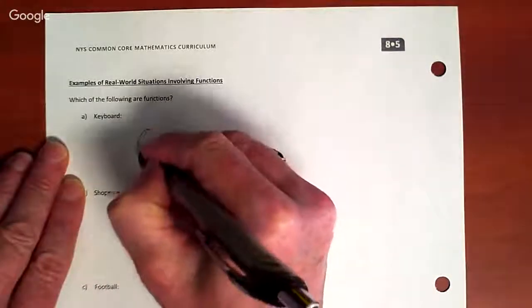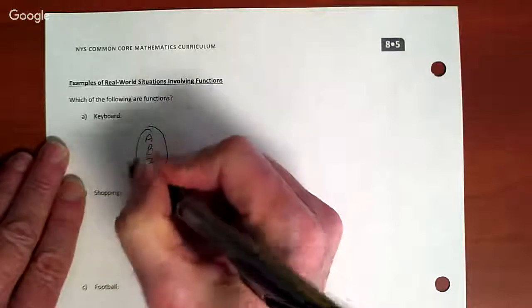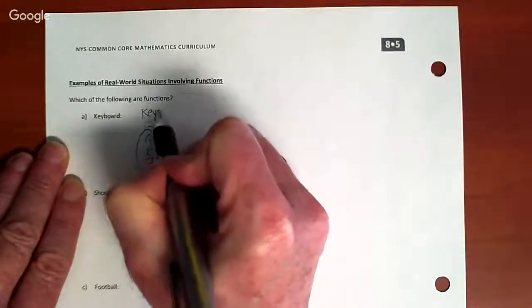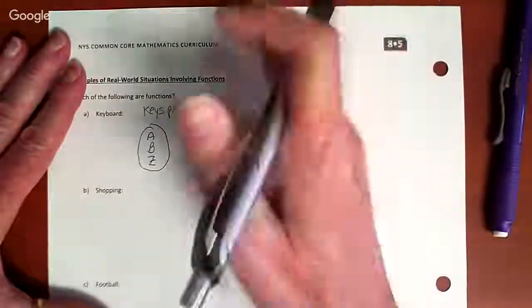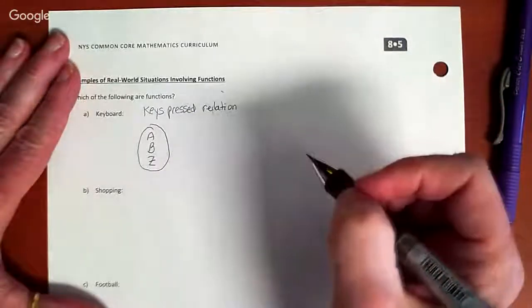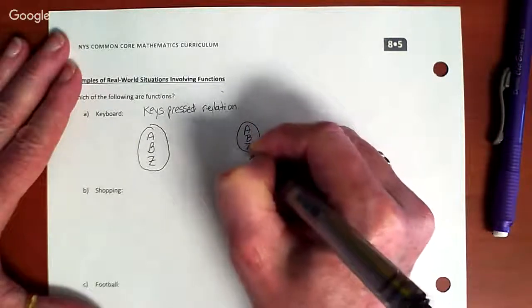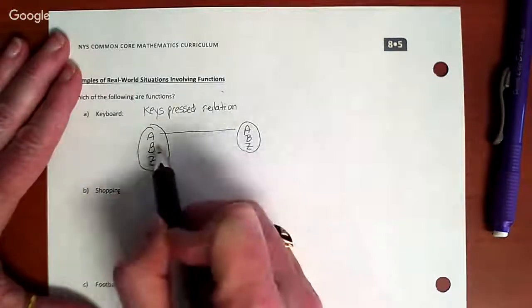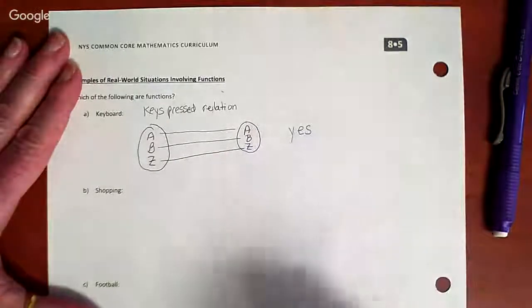On a keyboard, if I were to press the letters A, B, and Z, and here are the keys pressed, what would print out would be A, B, and Z. So A would go to A, B would go to B, Z would go to Z. Therefore, yes, it is a function.